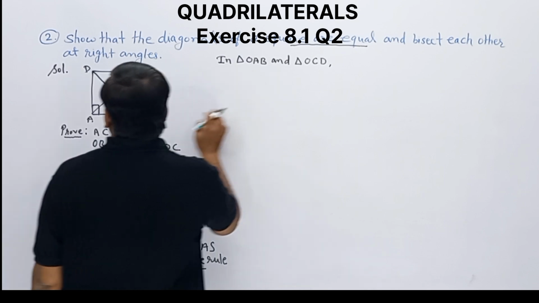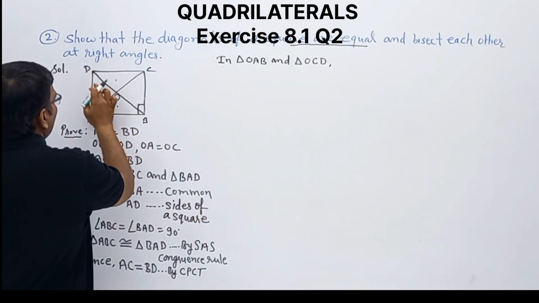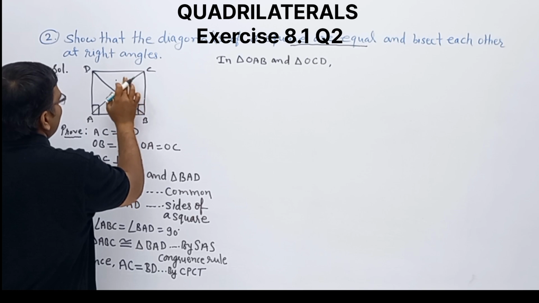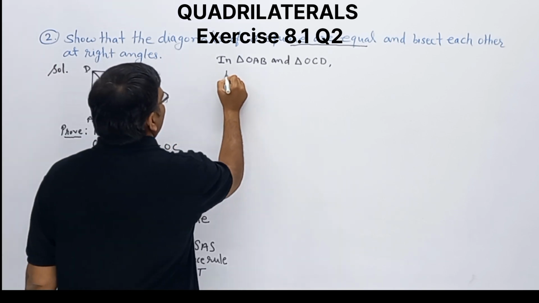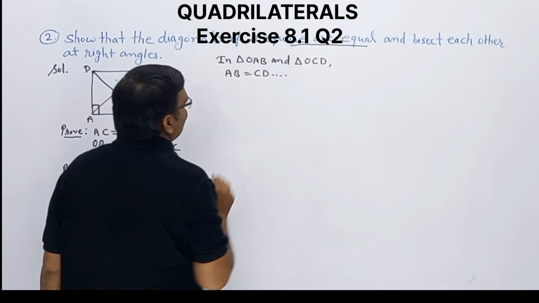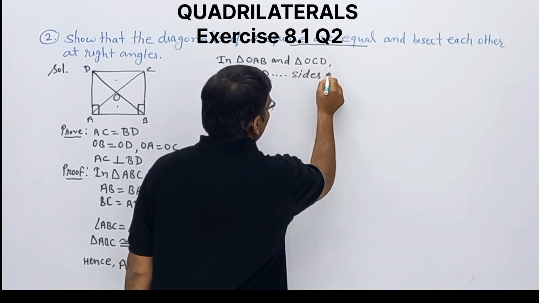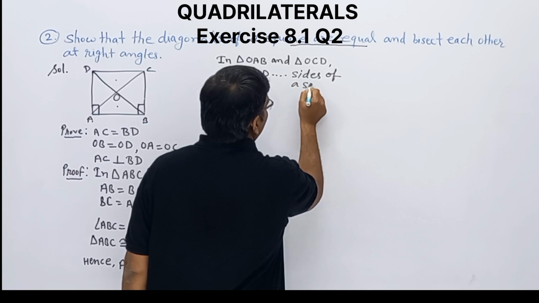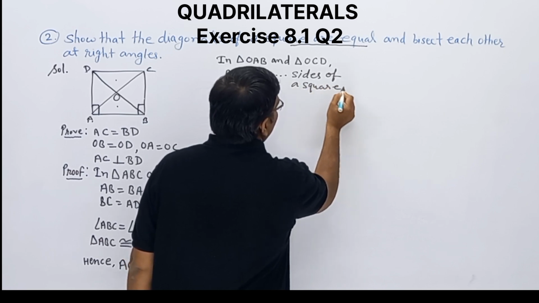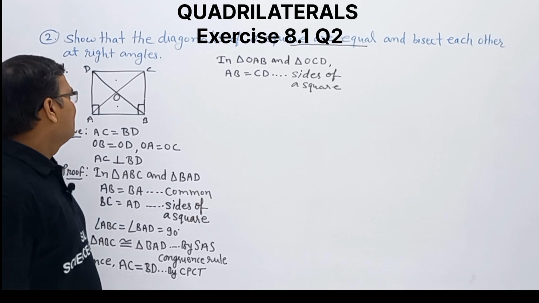We can say AB of this triangle will be equal to CD of this triangle. Why are they equal? They are sides of a square, and we know a square has all sides equal.